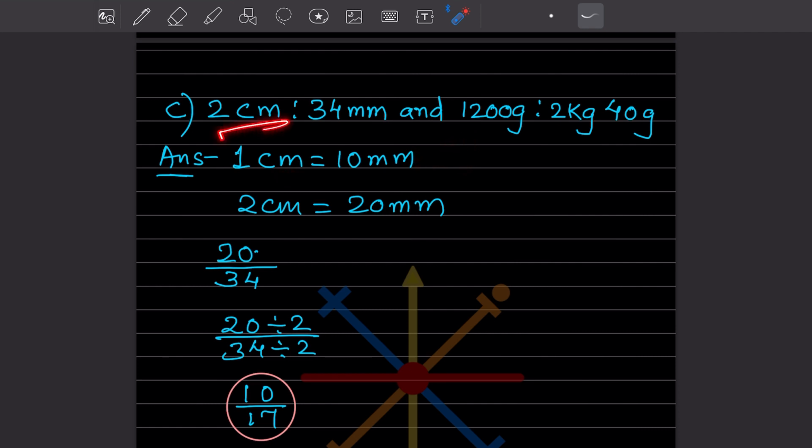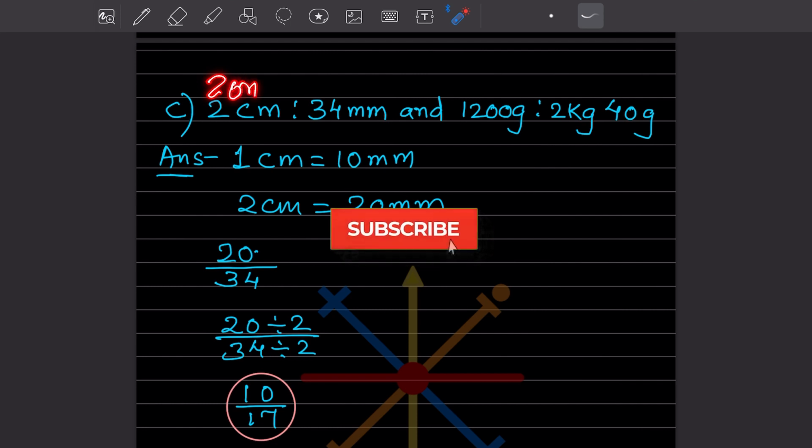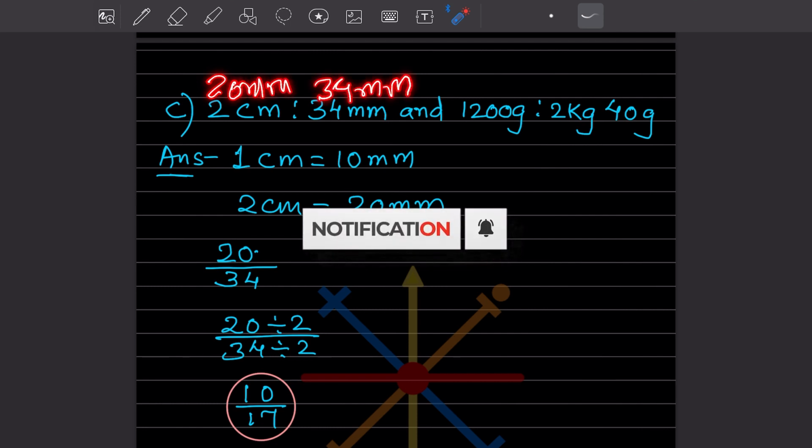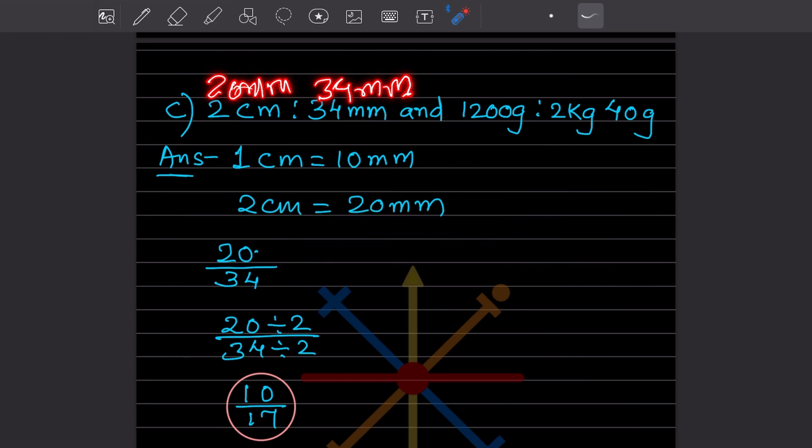So for 2 centimeters, when you multiply, that is going to be 20 millimeter. Now this is 20 millimeter and this is 34 millimeter. Now both have the same unit. So we are just going to divide 20 and 34. Hope you got this step.